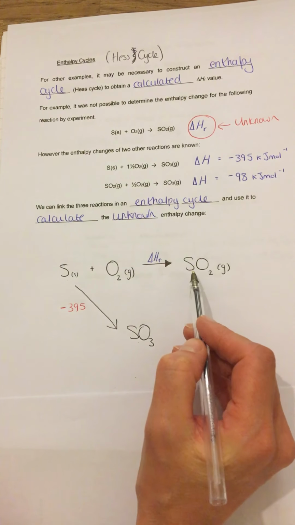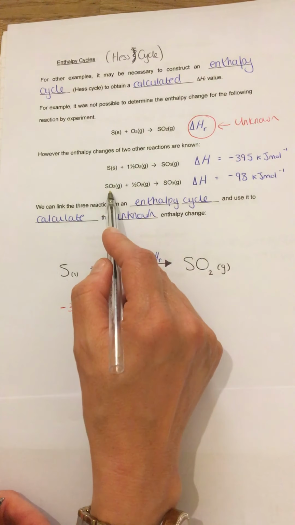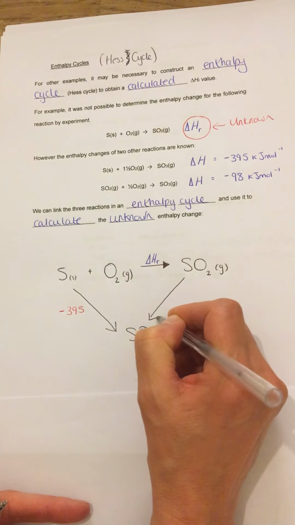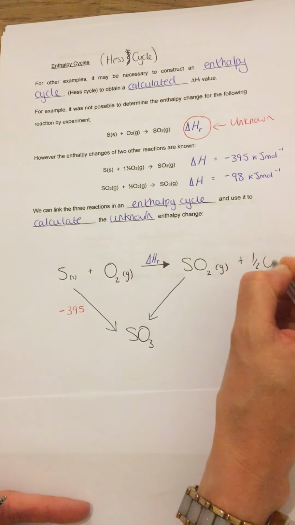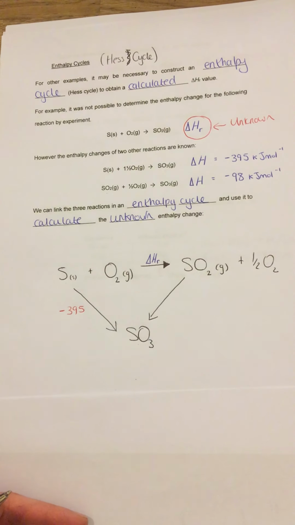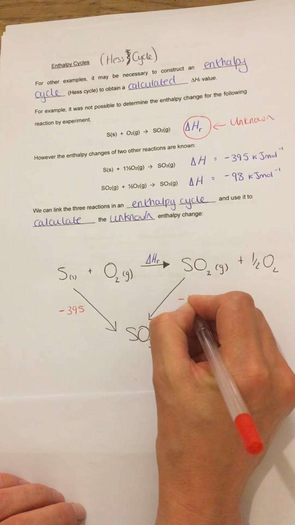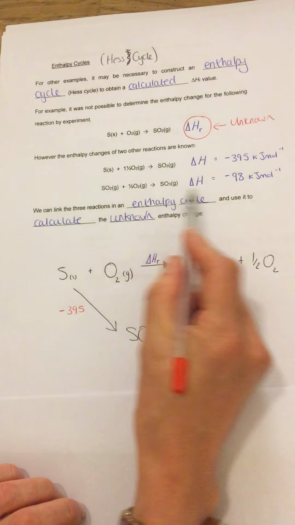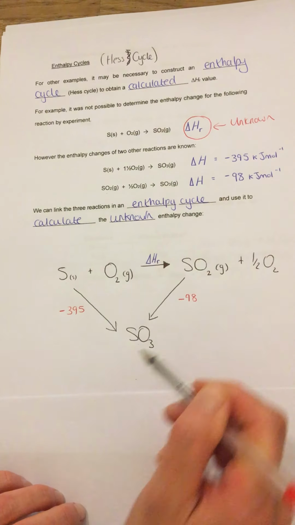So again, starting there, because that's the sulfur dioxide, it can react and produce that one. It would need some oxygen to do that, and we could put that in if we wanted to, but it doesn't really matter. And again, we put the value, minus 98, on the arrow that corresponds to SO2 being converted into SO3.